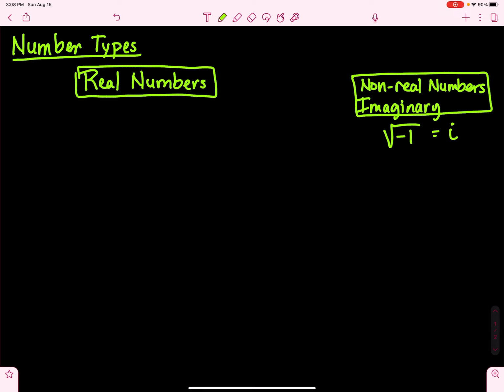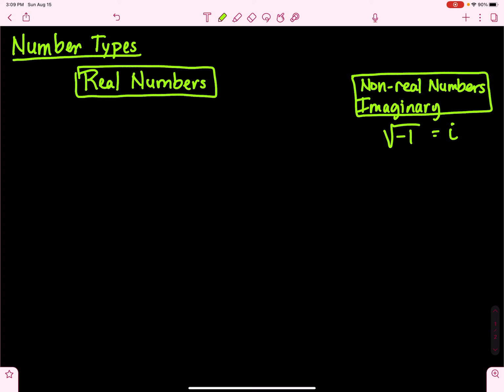You cannot graph the square root of a negative because it just exists outside of the physical coordinate plane. Imaginary, get it? Okay, so we're going to concentrate on our real numbers because our real numbers is where all of our most important numbers lie. Those are the ones we use the most. We are going to use imaginary numbers, just not right now.